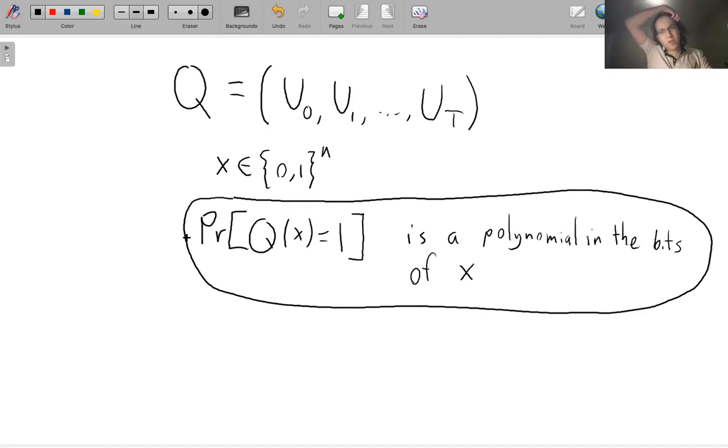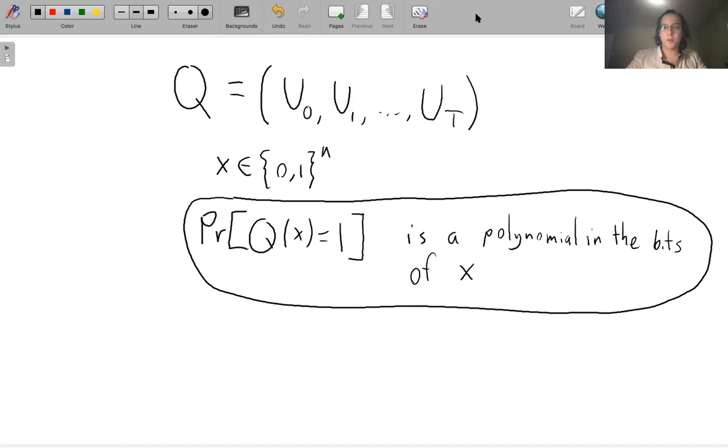Recall that we use the notation Q of X to denote the random variable of what Q outputs when it's run on the string X. So the probability that Q of X is 1 is just a number between 0 and 1.